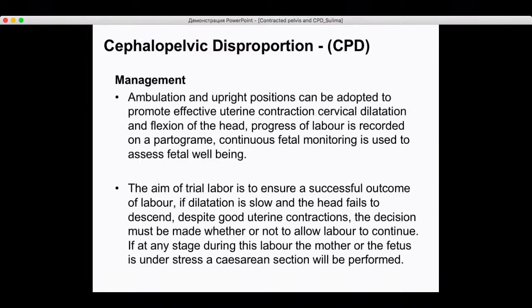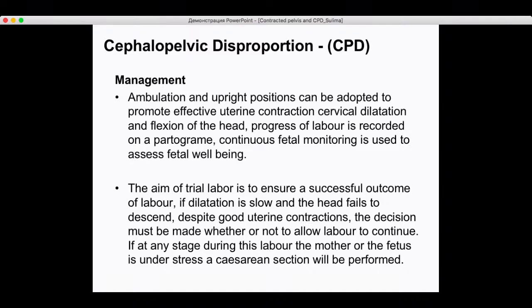Ambulation and upright positions can be adopted to promote effective uterine contractions, cervical dilatation, and of course, flexion of the head. Progress of labor is recorded on a partogram.